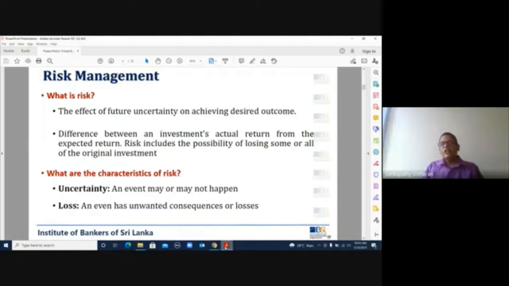The second option would be investing in corporate debentures. In corporate debentures, of course, the return would be close to 10%, but you have to block the money for 5 years. Then that option also goes out.